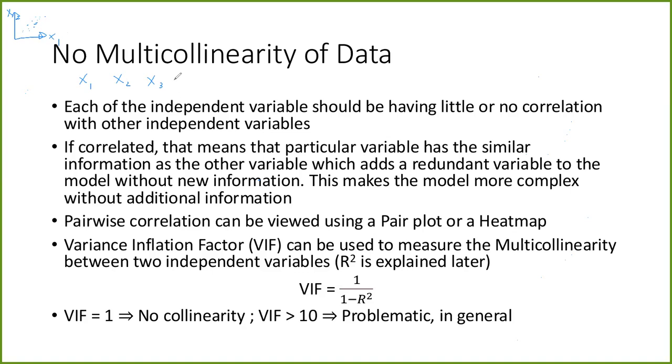So by looking at this multicollinearity, that means looking at x1 and x2, x1 with x3, x2 with x3, and so on, you have to see the correlations between all the pairs of variables. If there's any high correlation, maybe you can remove one of the variables.